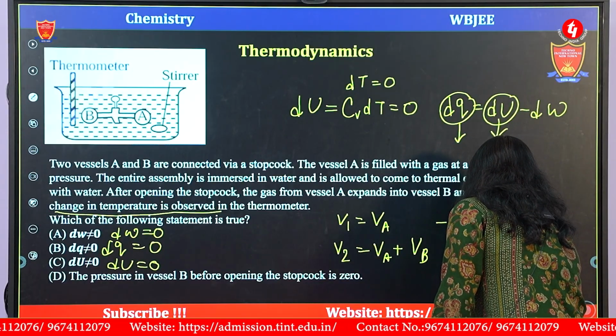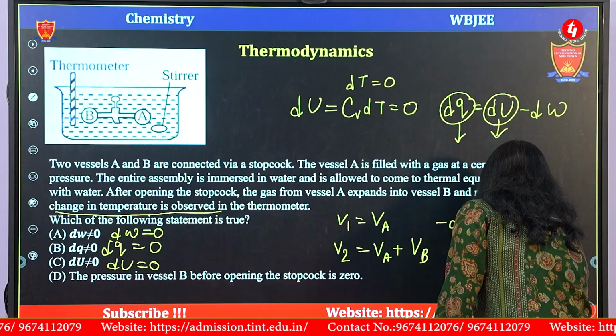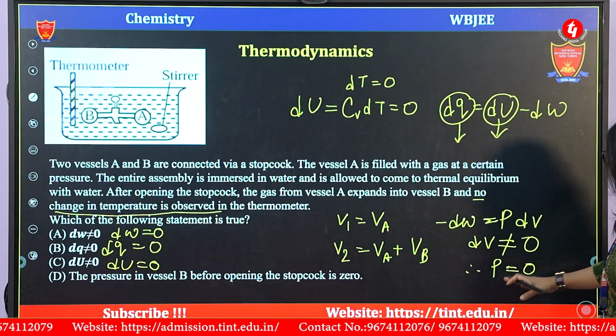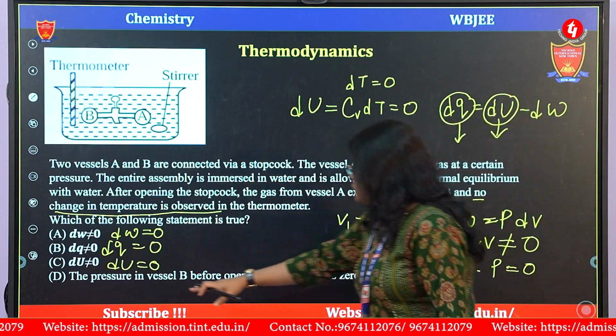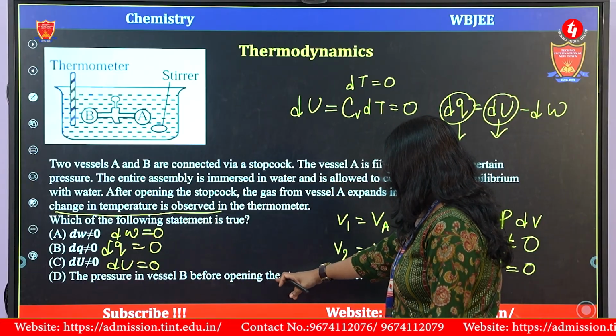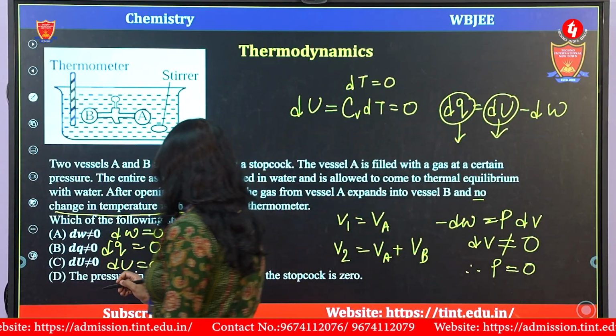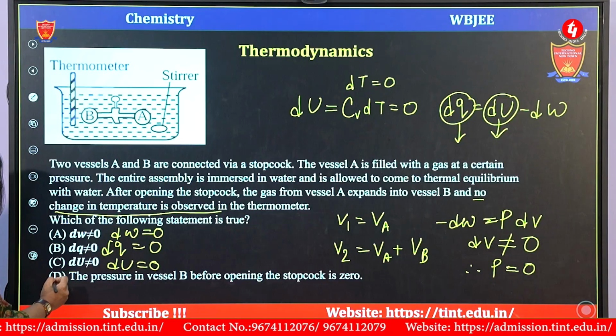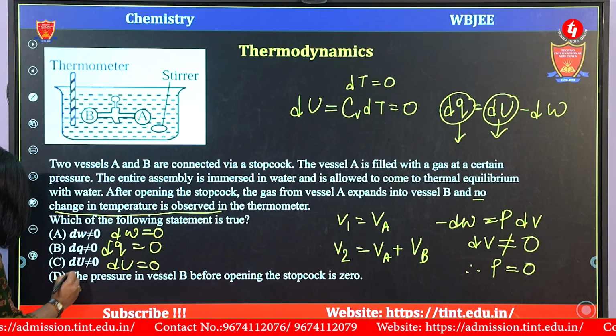Therefore, we can say expansion occurs against 0 pressure. Pressure is equal to 0. The pressure in vessel B before opening the stopcock is 0. This is the correct statement, or true statement.